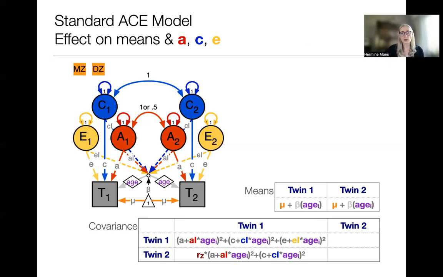And as you see in the expectation now, not only will we add the squared components of A and AI, C and CI, E and EI to the expectation of the variance and the covariance, except for the E component, of course. But we square the A plus AI times H component so that also the covariance between A and AI gets included and contributes to the variance of the phenotype.